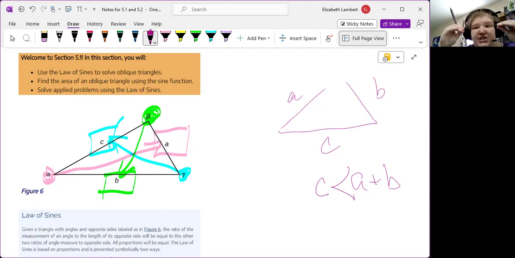If you think of a 5-inch thing and a little 1-inch and a little 2-inch trying to reach each other, they can't quite make it.